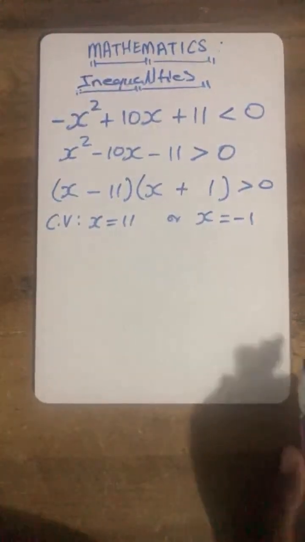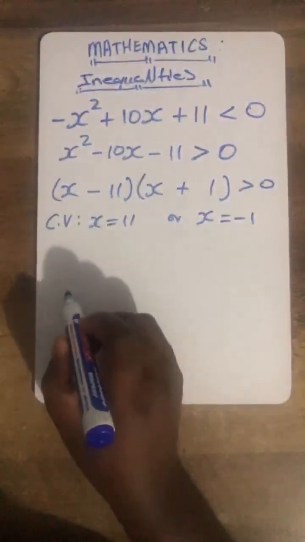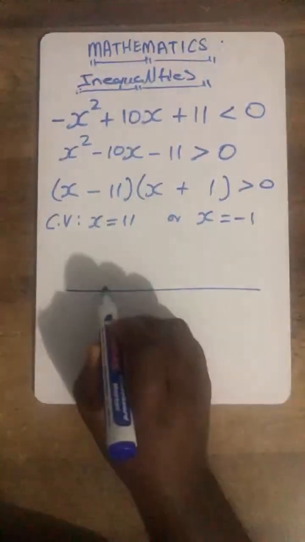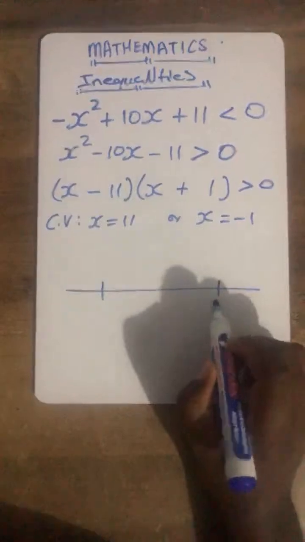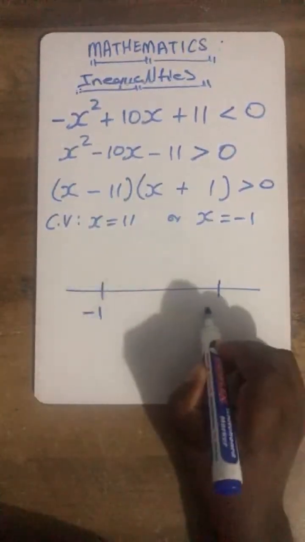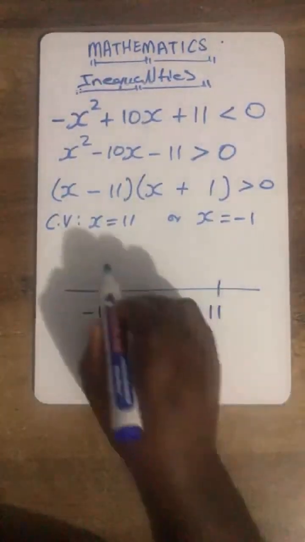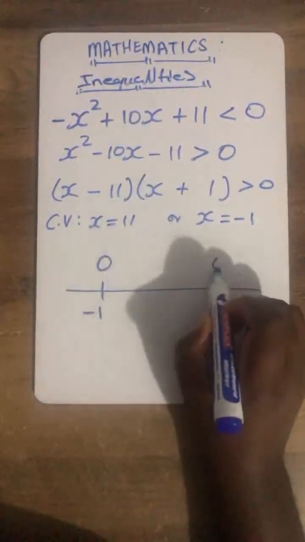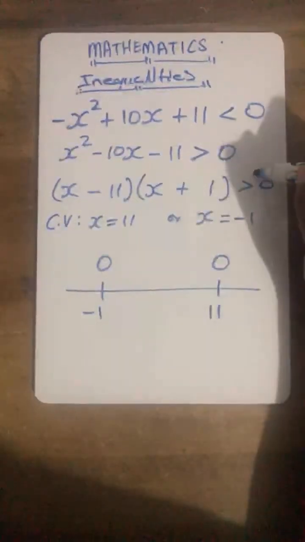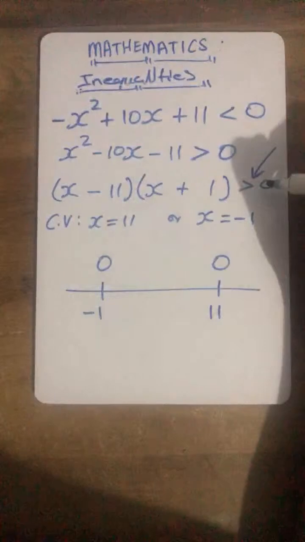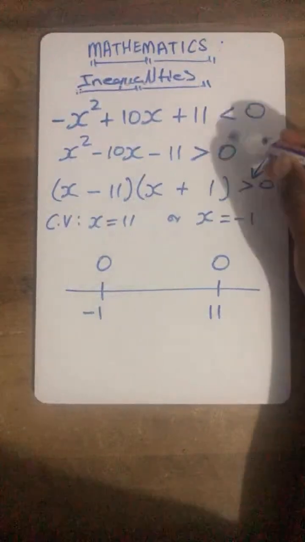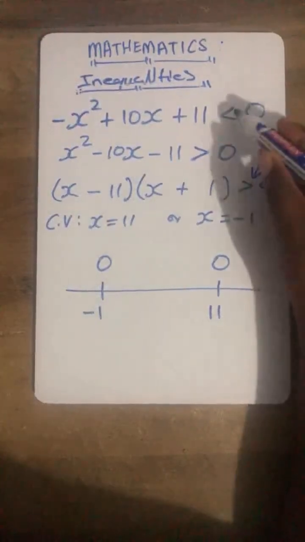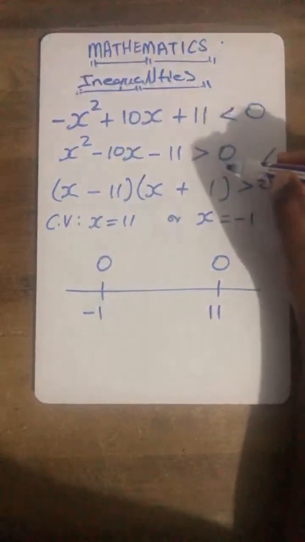Okay, so let's see. Now we are going to represent that on our number line. So that means we have -1 there, we have 11 there. So it's a circle which is not shaded. And because now that finally is different from those two, and we know why it changed from being that to being that.